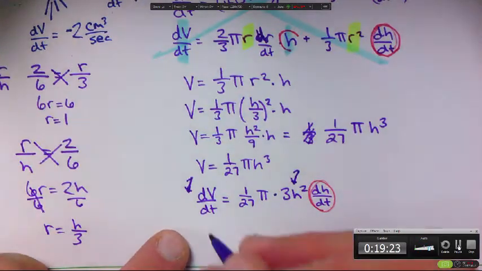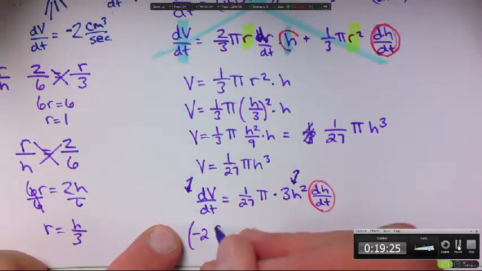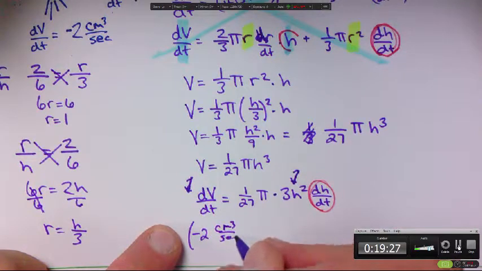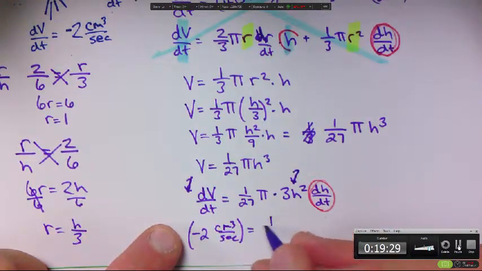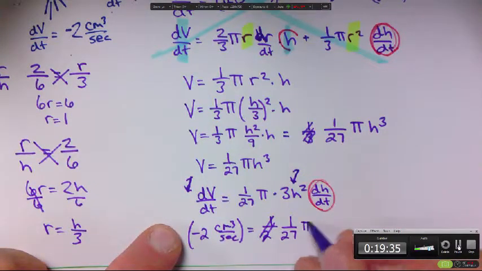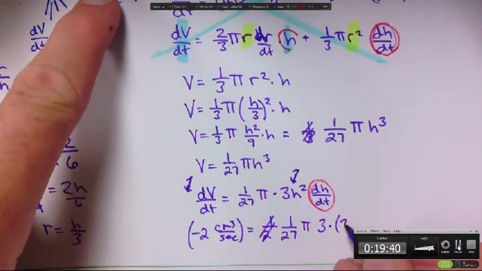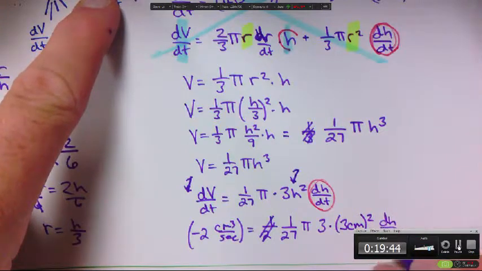The rate of the volume is -2 centimeters cubed per second, which equals 1/27 pi times 3 times the height, which is 3 centimeters, squared, times dh/dt.